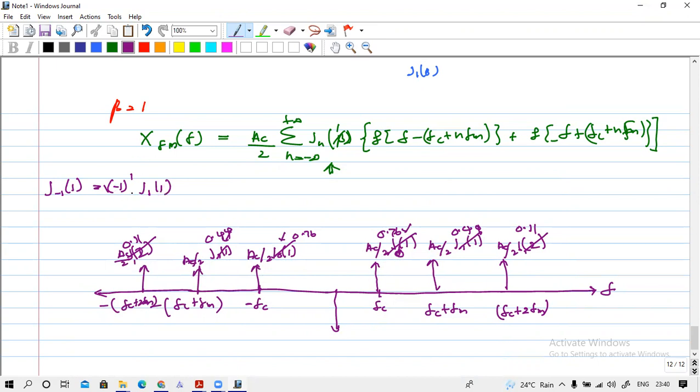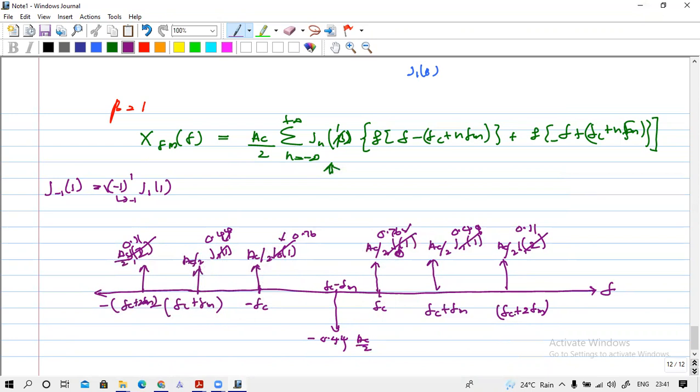So minus 1 to the power 1 is equal to minus 1, so you have minus J1(1). So here this is J1(1) 0.44, and minus 1, that means you have a minus value, minus 0.44, okay. So this is fc minus fm, and Ac/2 is also there, okay.